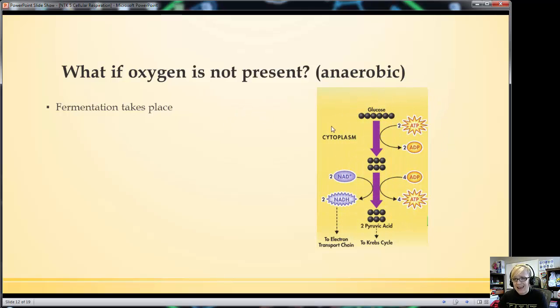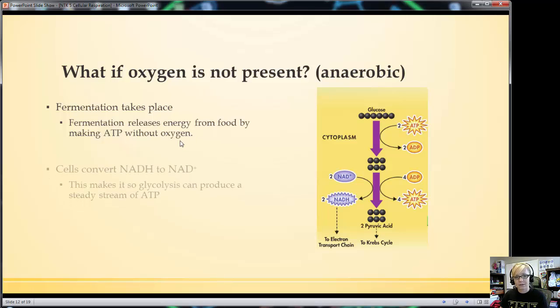Remember, this is what glycolysis looked like. And yep, there's some of the details of glycolysis here. And then remember that pyruvic acid moved into the Krebs cycle. Fermentation is a process that looks similar to this, but there's going to be a little bit more down here at the bottom. Fermentation releases energy from food by making ATP without oxygen.